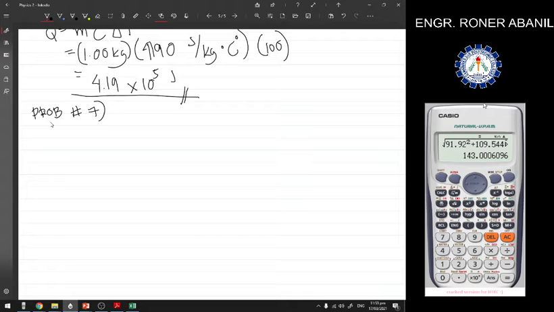Ito ay galing sa pot na merong initial temperature, T0, na 70 degrees Celsius. Ito yung temperature ng coffee. Ito naman yung temperature ng aluminum na merong 20 degrees Celsius.